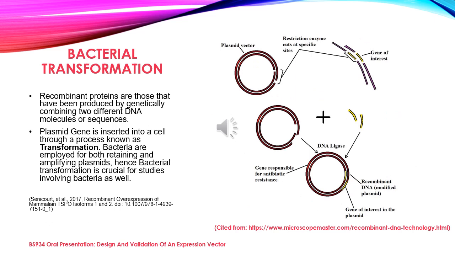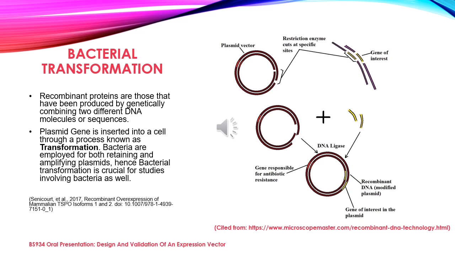A plasmid whereby it possesses a foreign DNA fragment or a gene which has been inserted into it and is not common amongst a species is known as a recombinant plasmid or recombinant DNA. In this scenario, the recombinant plasmid is inserted into a cell, normally E. coli for this instance, since there are findings which prove that E. coli can be used.